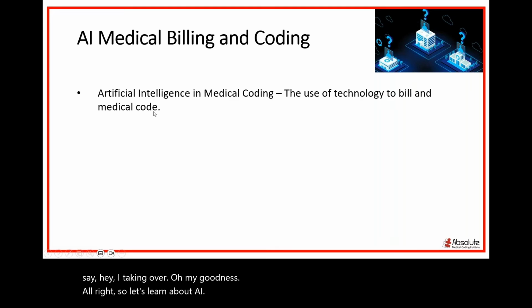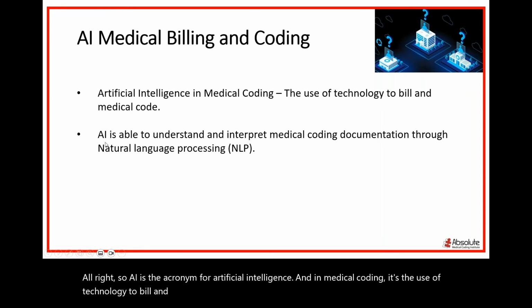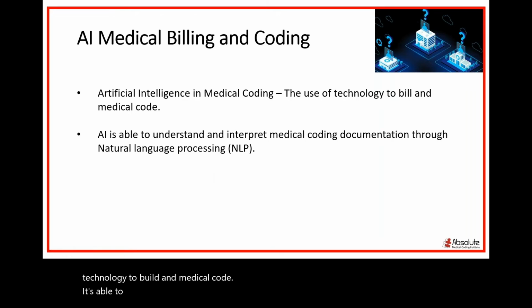All right, so AI is the acronym for artificial intelligence. And in medical coding, it's the use of technology to bill and medical code. It's able to understand and interpret medical coding documentation through what they call natural language processing.